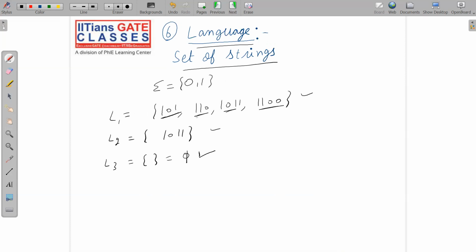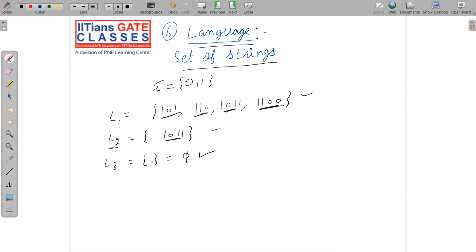This is the first element, second, third, and fourth. So we have 4 elements in this set, and this becomes a language, and each element is a string. Similarly, in L2 we have only one element, that is only one string. In L3 we have no element in this set, not even a null string is present in this language.